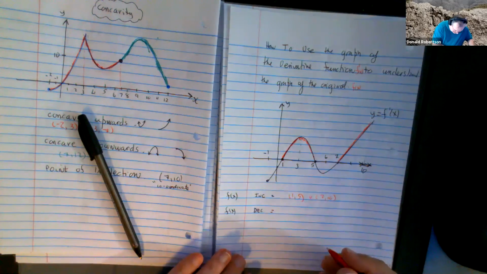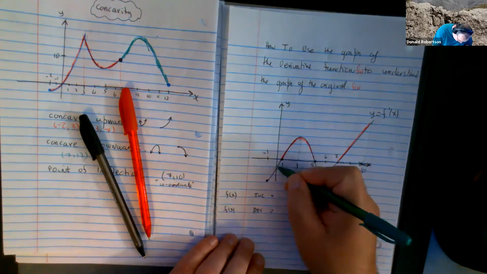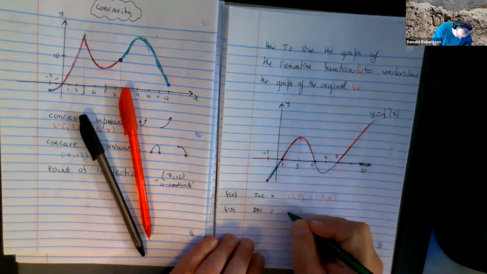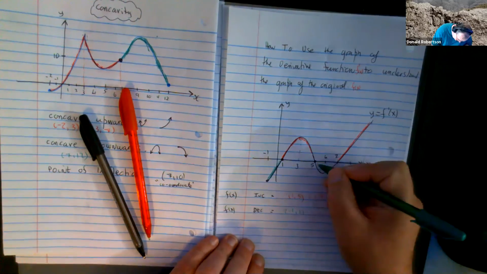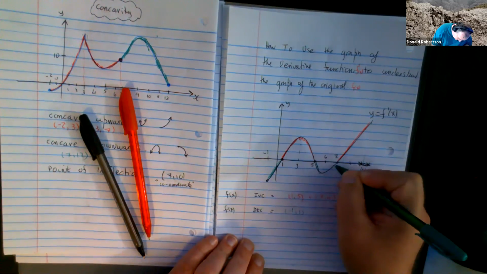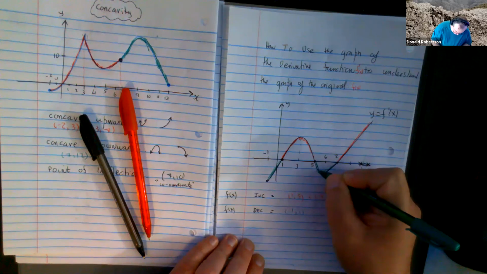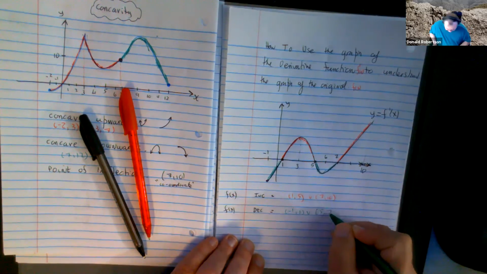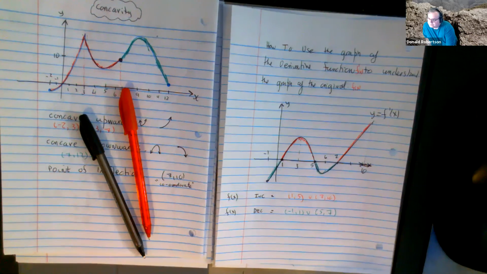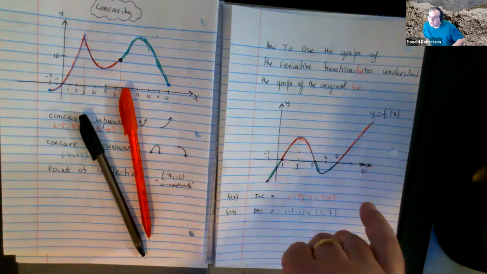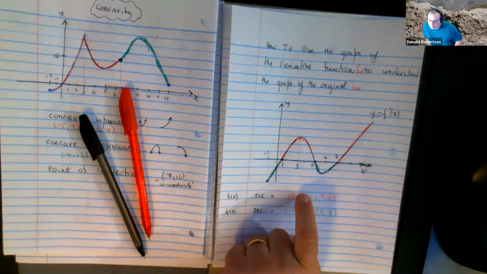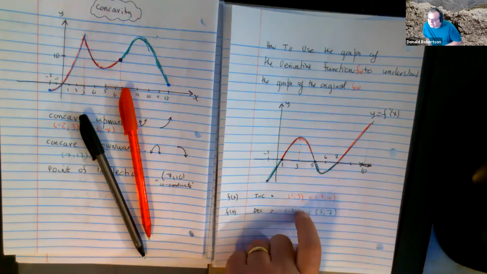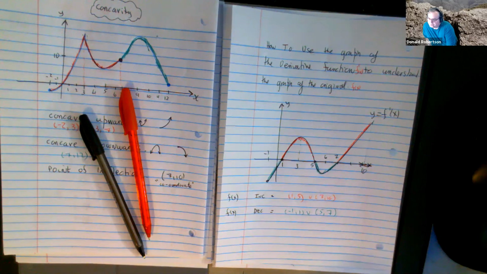In the same vein, isn't it decreasing from -1 to 1 and also from 5 to 7? Can you see how a graph of the derivative can tell me the original function's increasing and decreasing regions?